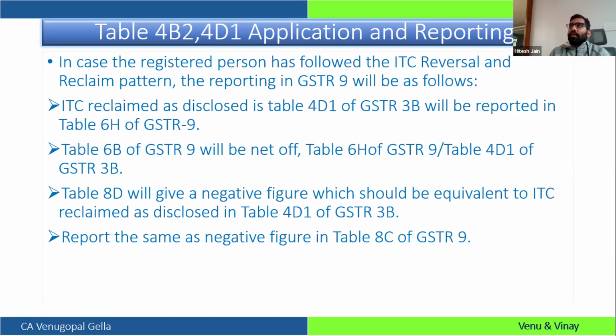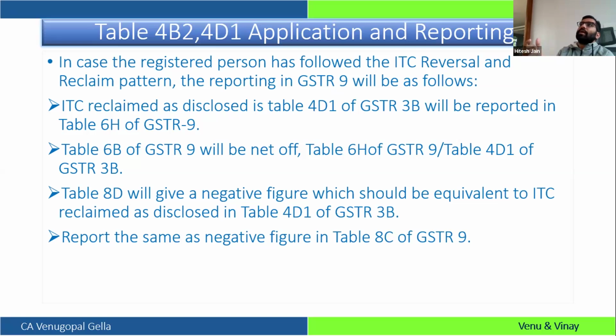So, in order to avoid that, what we can take as a step, we can put the same reclaimed figure which we have reported in table 6H as a negative figure in table 8C. Otherwise, we will be inviting litigation on our own. The purpose of table 8C of GSTR 9 is not actually this.